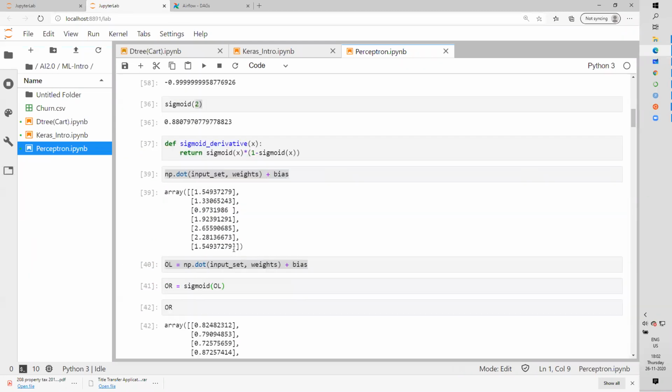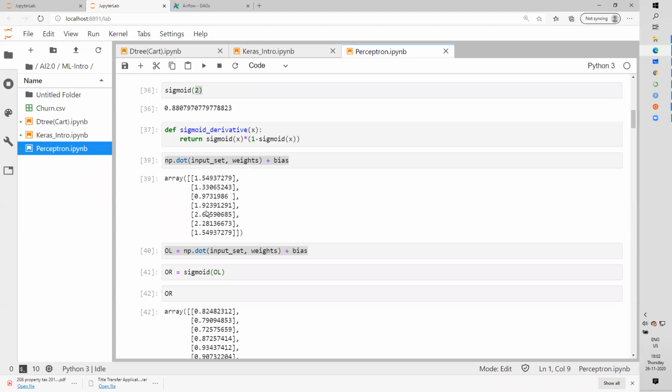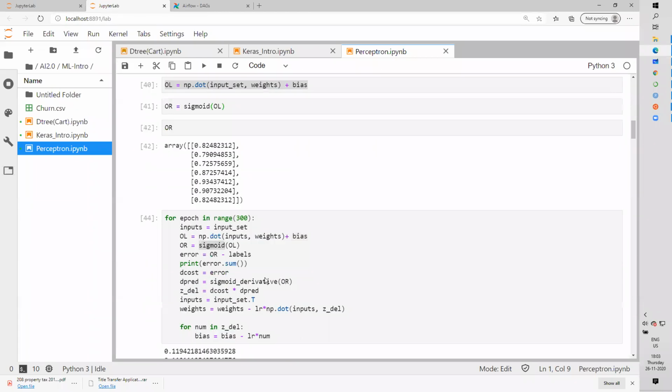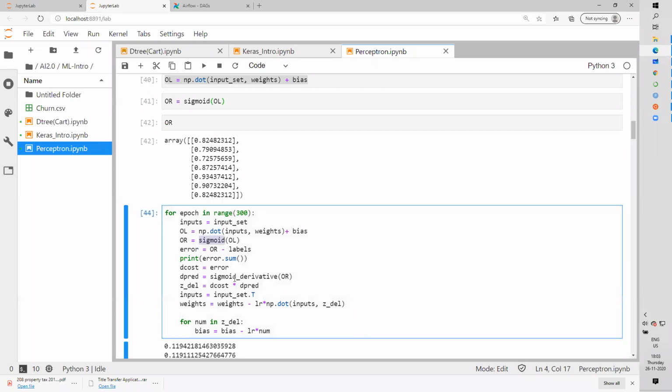So now we would replace this function with the tan h function, and similarly the derivative of the second part, that is the derivative of OR with respect to OL, should also change.